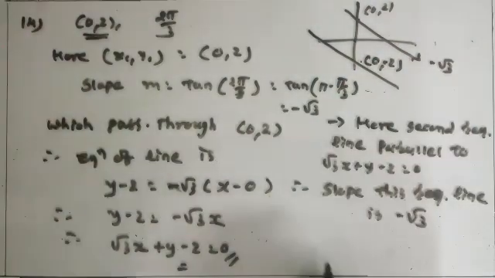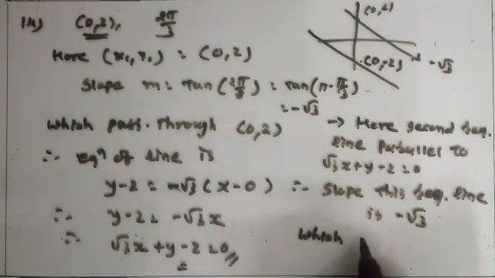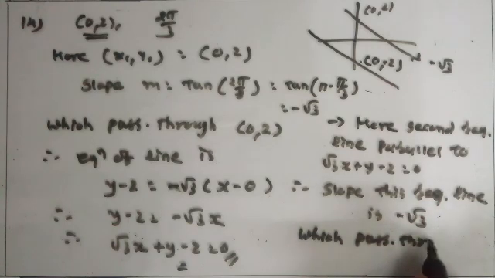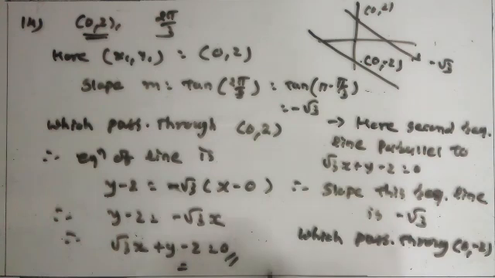So this line passes through (0, minus 2).